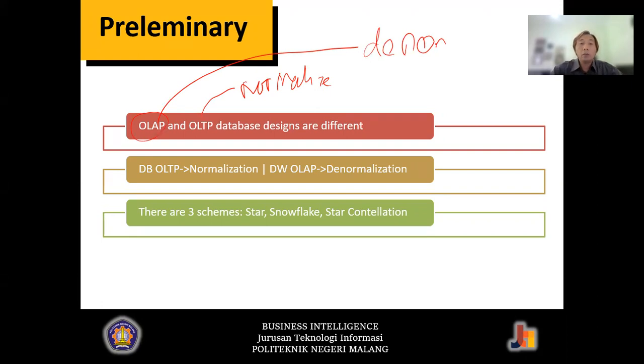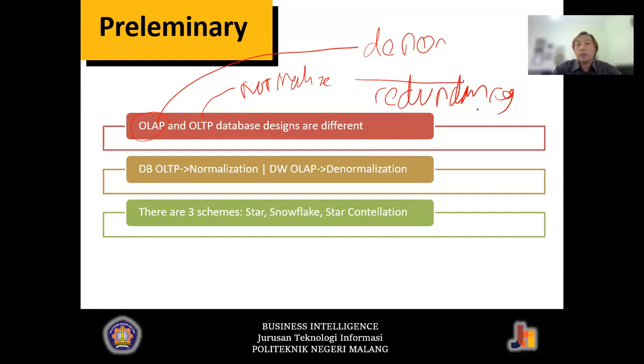Why do we need to normalize the database for the OLTP, and then denormalize the database for the OLAP? So the main concept for the normalization of the database would be what's called redundancy, redundant.